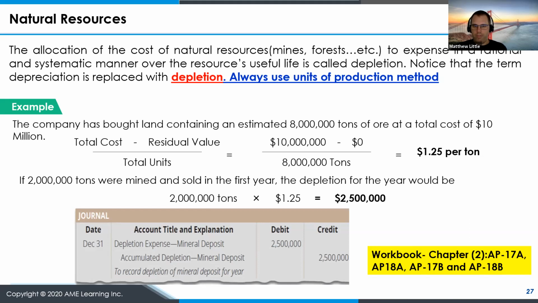Say for example we mined 2 million tons of ore in the first year. Our depletion expense for that mineral deposit would be the 2 million tons times the $1.25 to give us 2.5 million. And just like depreciation, we would have a similar journal entry, a debit to depletion expense for 2.5 million and a credit to accumulated depletion for 2.5 million.